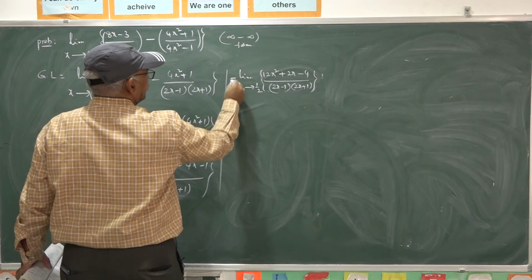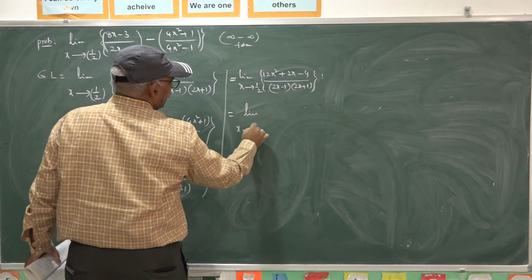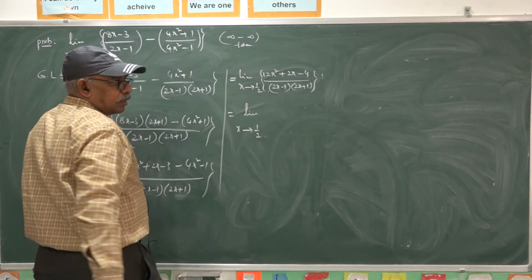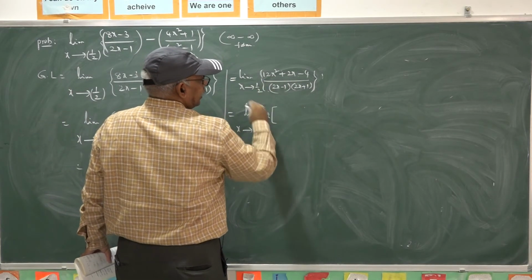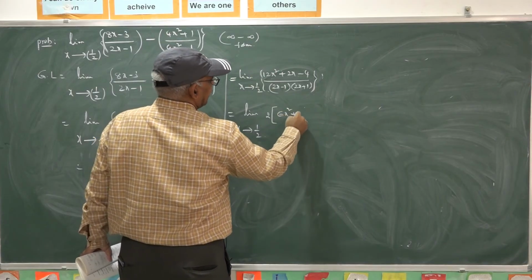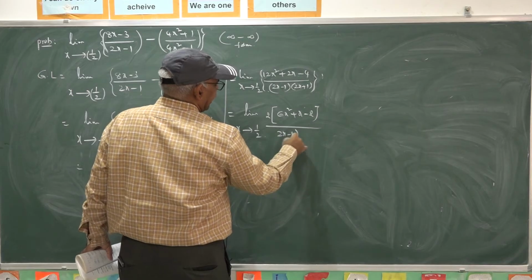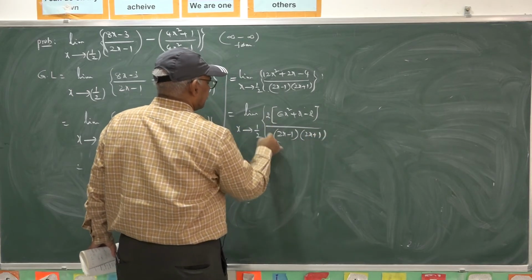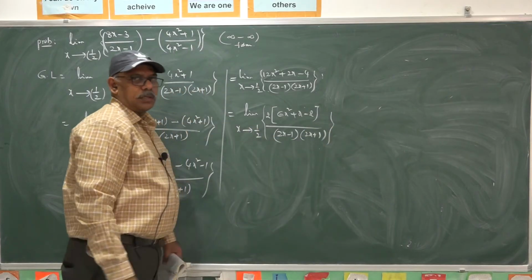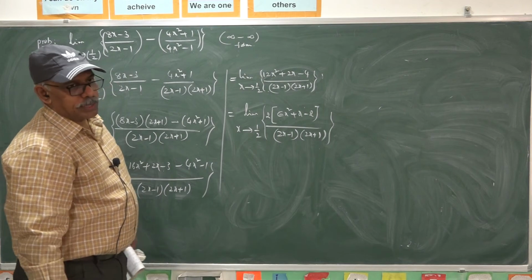Now this is limit x goes to 1 by 2. Now taking 2 as common, 2 into (6x square plus x minus 2) by (2x minus 1) into (2x plus 1). Now try to find the common factors to the numerator and denominator.